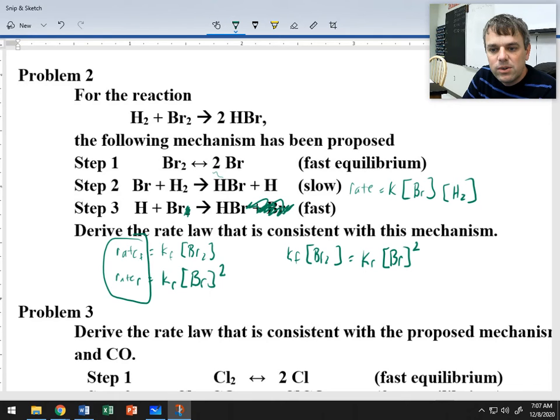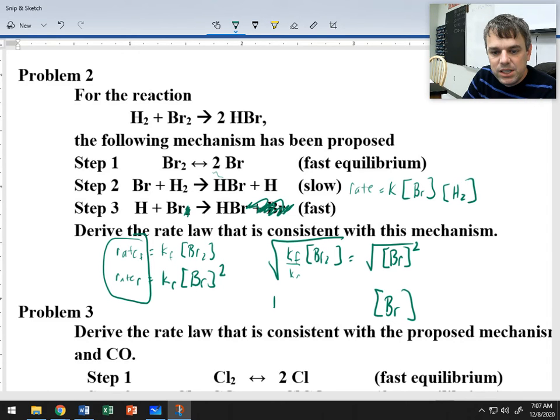We then want to solve for bromine by itself, so we move the kr over to the other side. And when we do that, we end up with kf over kr, which will just become another constant. Then to get bromine by itself, we need to take the square root of both sides. The concentration of bromine is going to equal the square root of a constant divided by a constant, which is yet another constant.